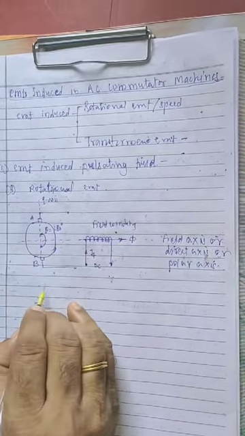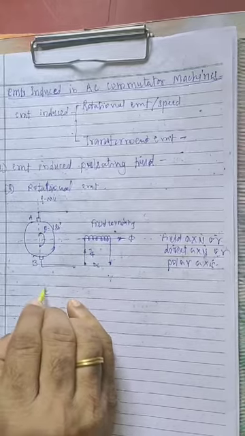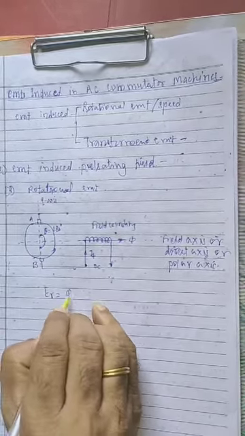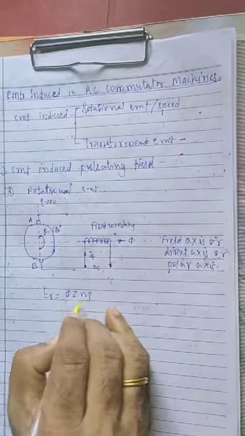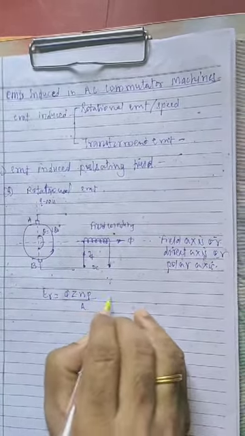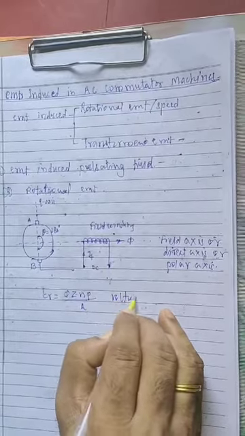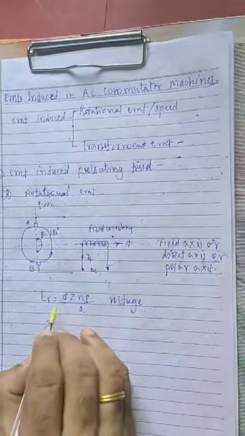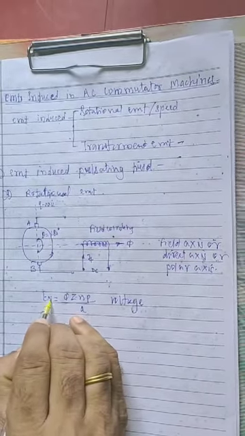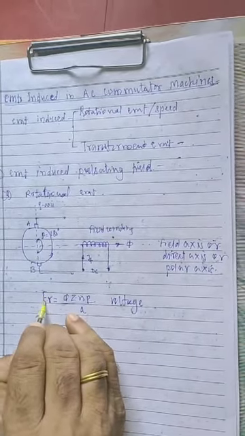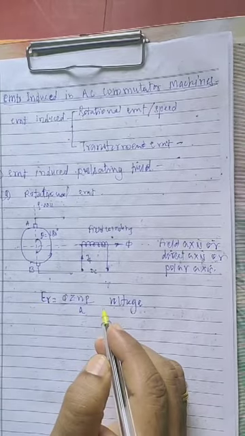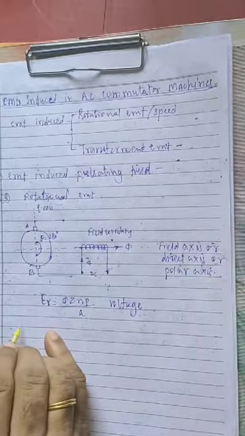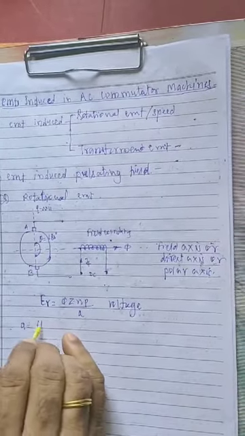The EMF induced is ER, equal to phi Z N P upon A volts. This is the EMF induced in the DC machine, and as it is a rotational EMF, this is the rotational EMF in the DC machine.